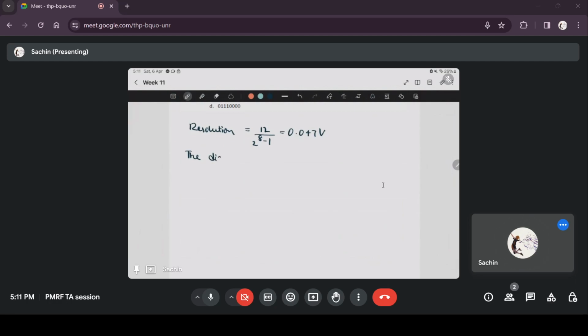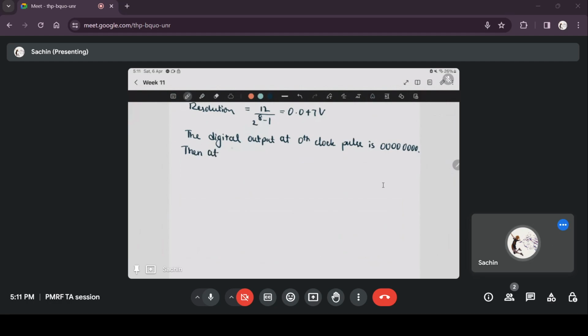The digital output at 0th clock pulse is 00000000.